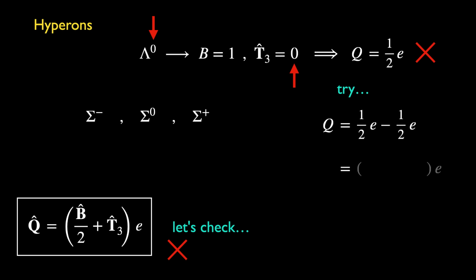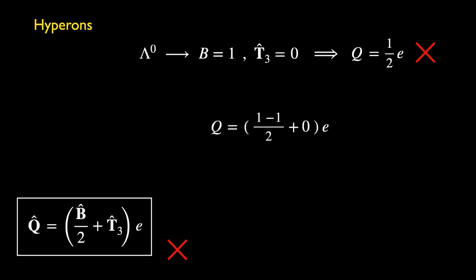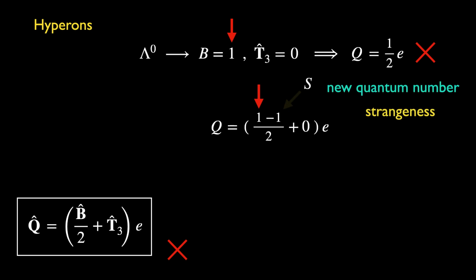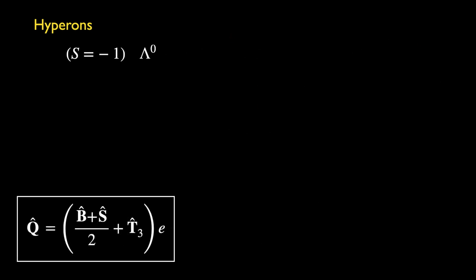This can be written as, this is equivalent to modifying the Baryon number by a new quantum number, which is called Strangeness. The previous examples where the old charge formula holds just correspond to cases where Strangeness is 0. Lambda 0 has Strangeness equals to minus 1.